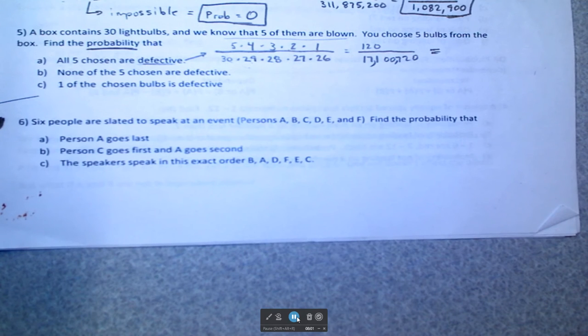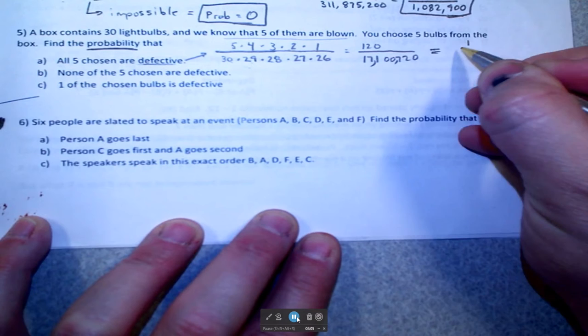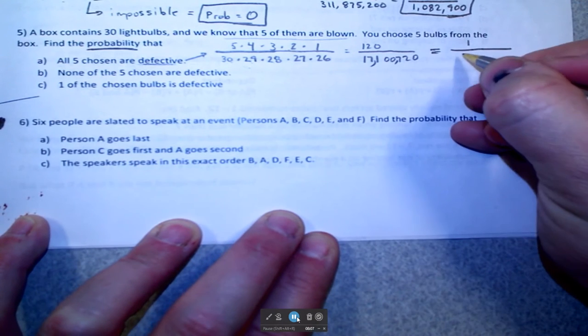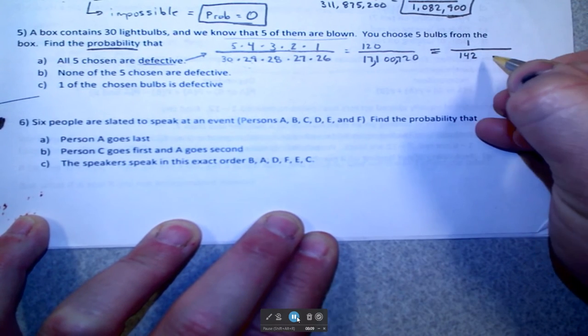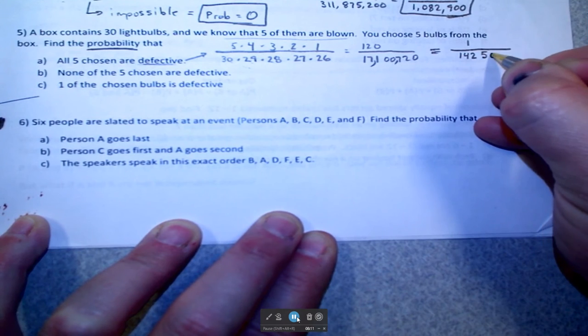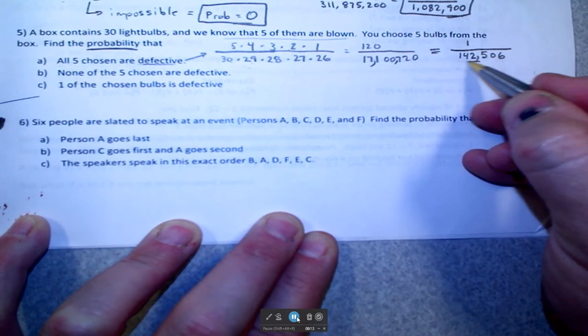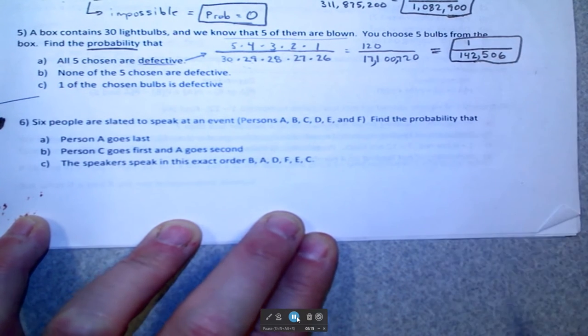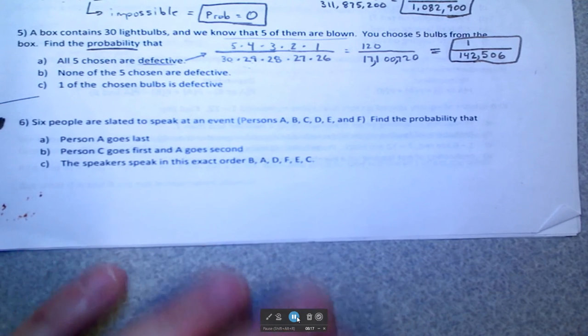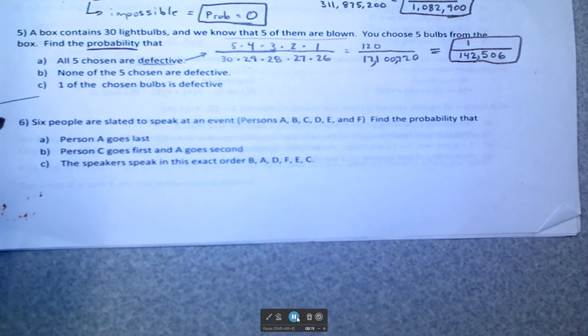So it's going to be 120 over that answer, and that reduces to 1 over 142,506. Okay? So that's our probability of drawing 5 blown light bulbs out of a box of 30 that have 5 blown light bulbs.